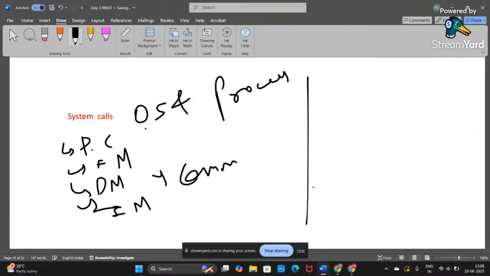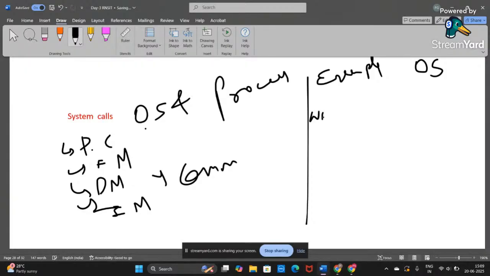And we'll see examples of OS. Windows is an operating system, right?